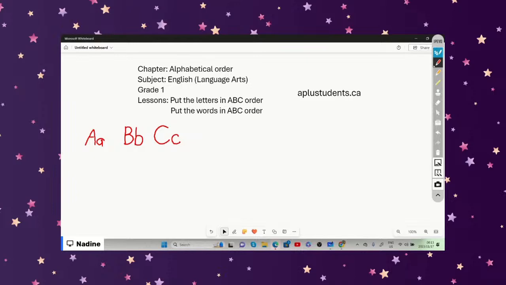So it's A, B, C, or we can say it's K. And then we have D, and then E.